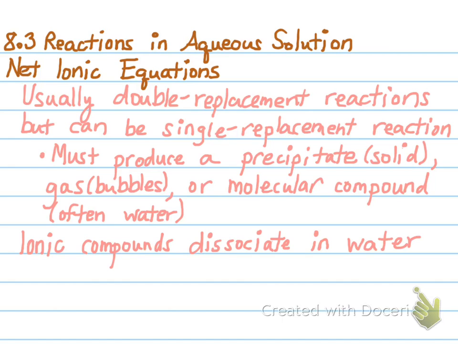The ions break apart and return to ions, and they're floating around and moving around inside that water. So most ionic compounds dissociate in water, which means they break apart and return to their ions.